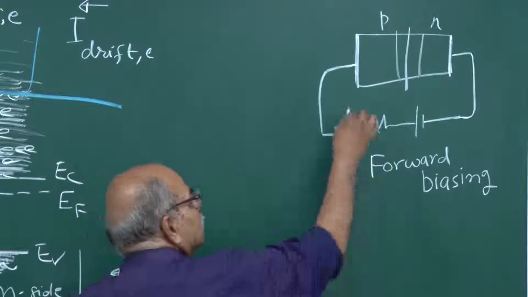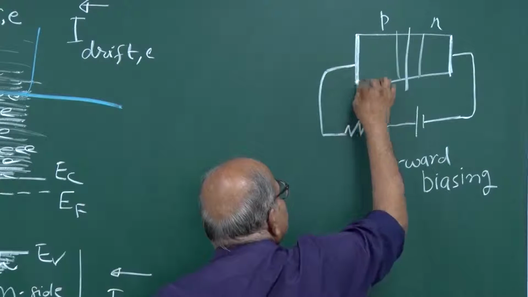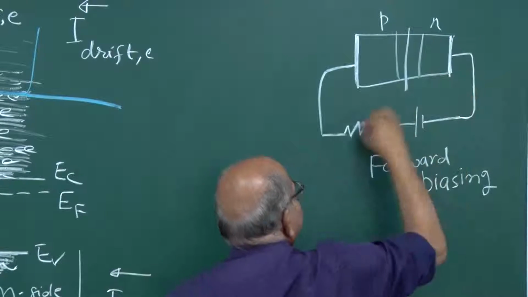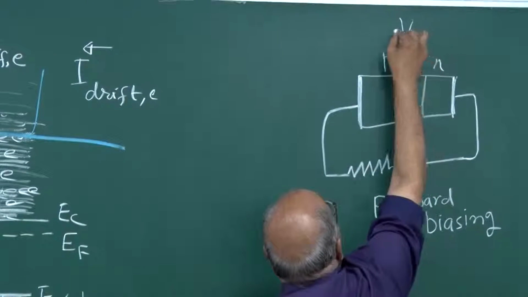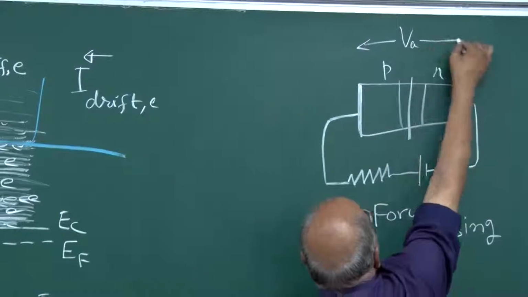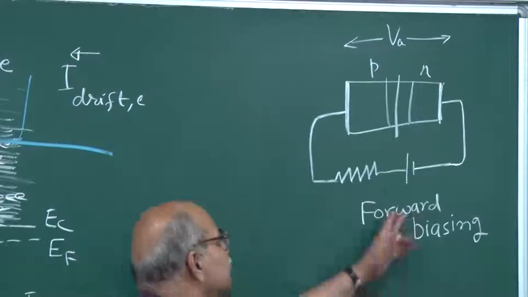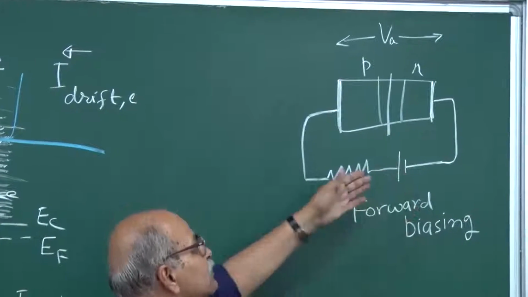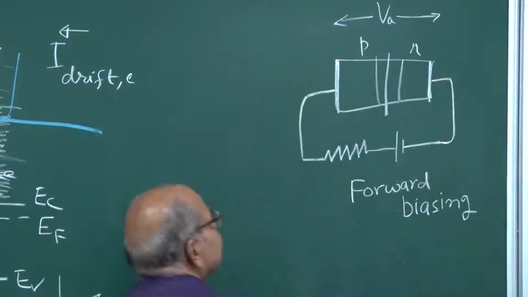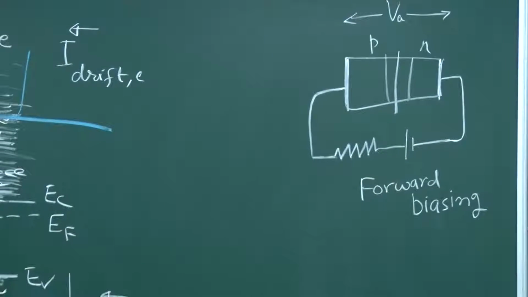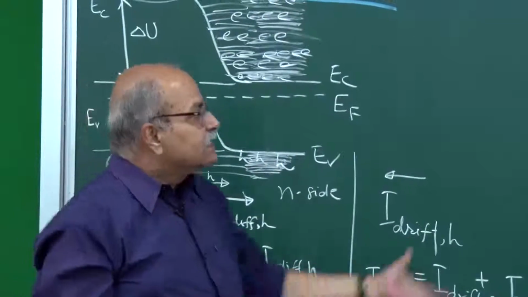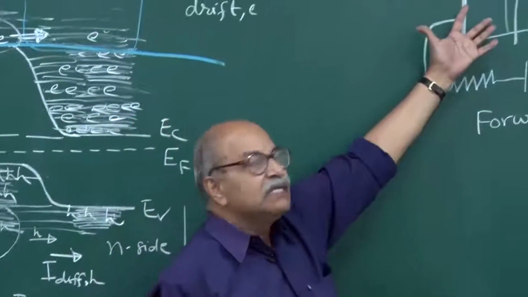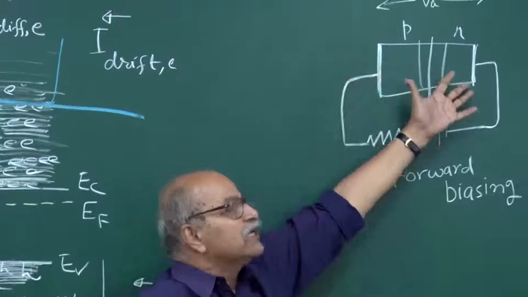So suppose the potential difference that we are imposing here through this external circuit is, let's say, VA. This is V applied, but applied doesn't mean this voltage. Applied means what is actually applied on the junction. What will happen? We are increasing the potential of this P side as compared to the N side.